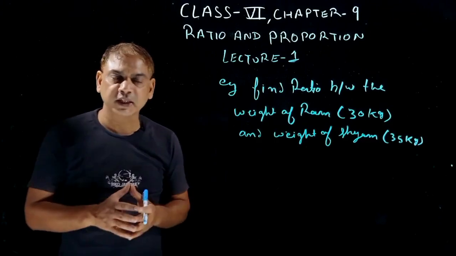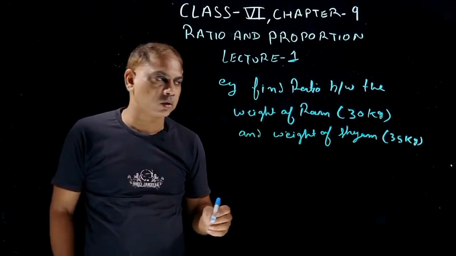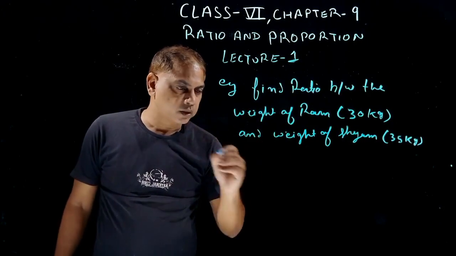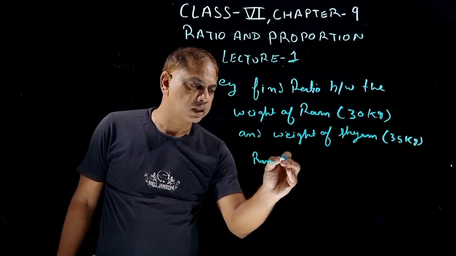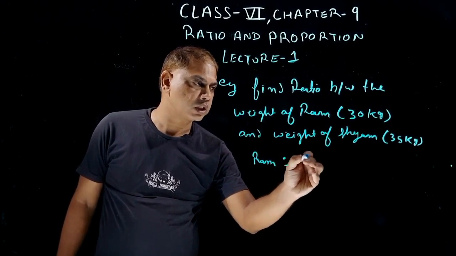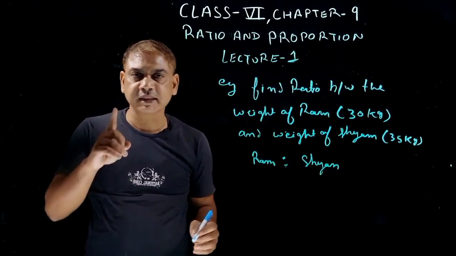Okay, you have to find the ratio. Okay, now how will we do it? Ratio means division, students, as I told you. So how will we write them? We will write a fraction, Ram is to Shyam. These two dots represent ratio.